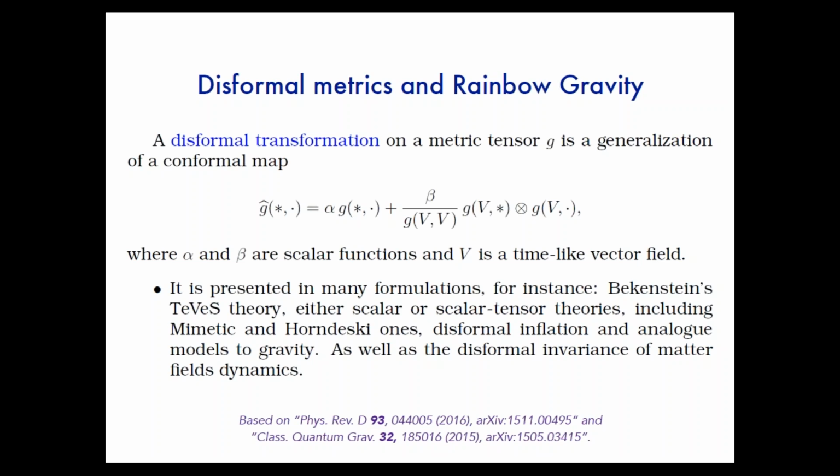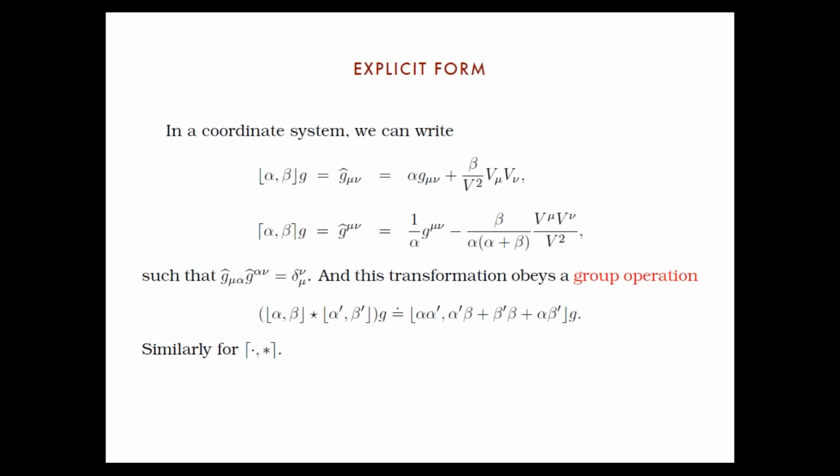So this formalism is used in many approaches in classical gravity, but it has never been used in the kind of approach that we described. So, explicitly, that's a disformal transformation for the covariant and contravariant metric.